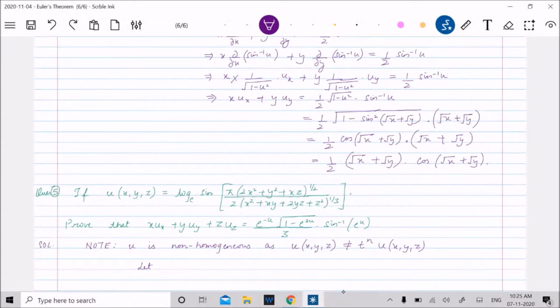So what I will write, I will write sine of pi 2 x square plus y square plus xz to the power half, and 2 times x square plus xy plus 2yz plus z square to the power 1 by 3, right? And see, if you bring this log, let me write it here, sine.